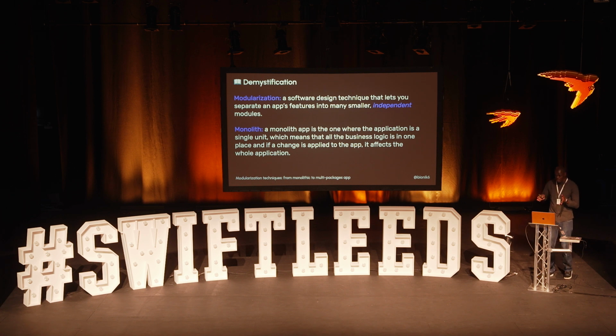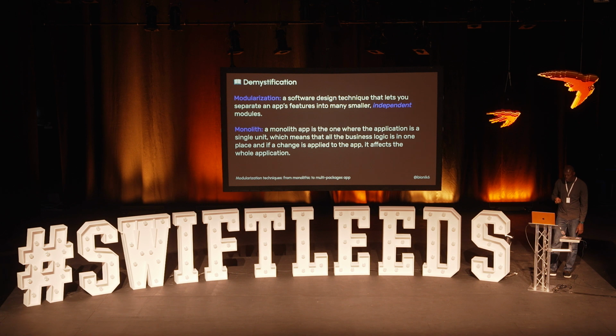Independent is really important, right? And what about a monolith? A monolith is just an app where the application is a single unit, which means that all the business logic is in one place, and if a change is applied to the app, chances are it affects the whole app, okay?